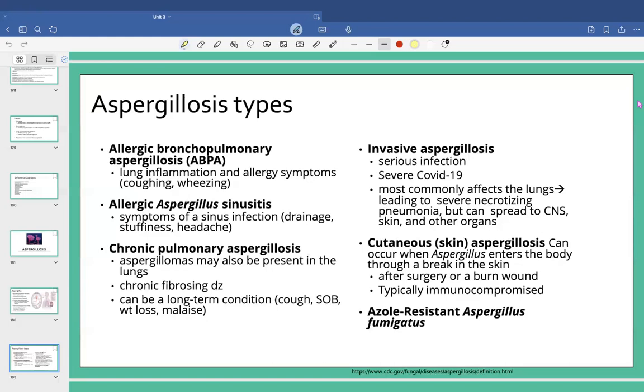Invasive aspergillosis is the most severe of all the types, because it's a serious infection, profoundly seen in immunodeficient or immunocompromised patients.